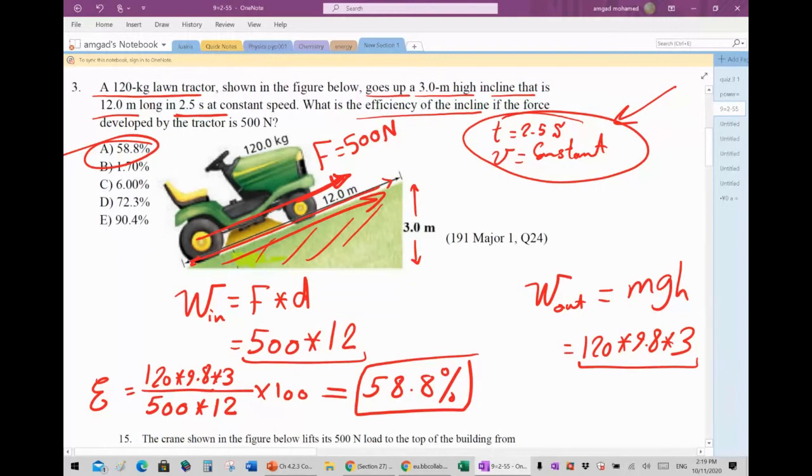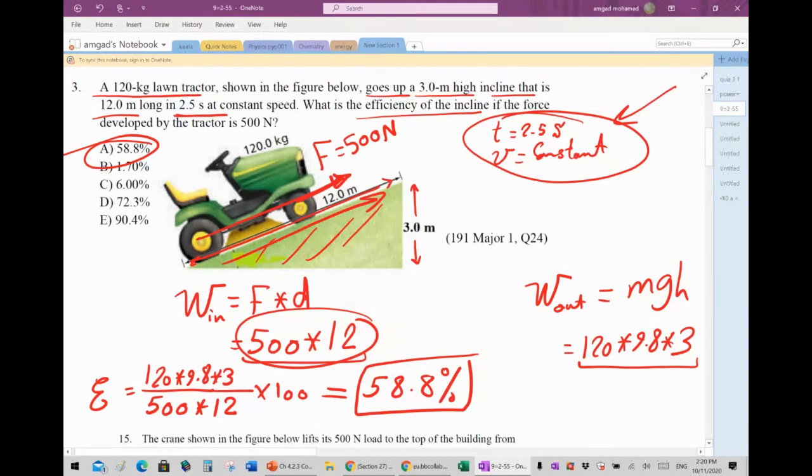Like, let's say we are done with this question. Let me ask you another question. What is the input power of this machine? 6,000. So you will divide the input work over the time.